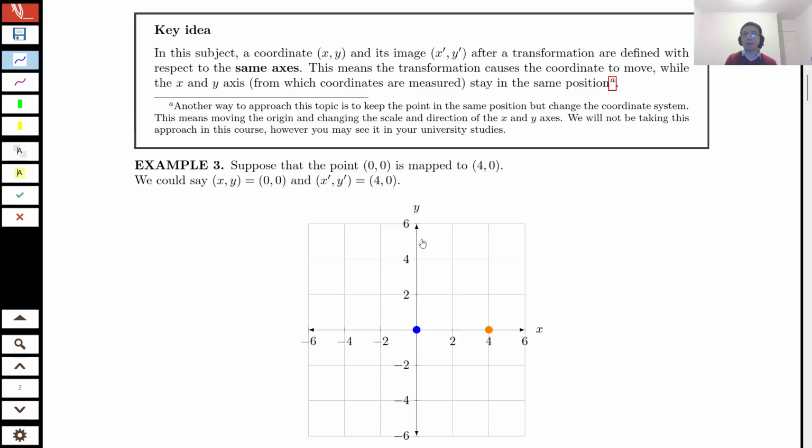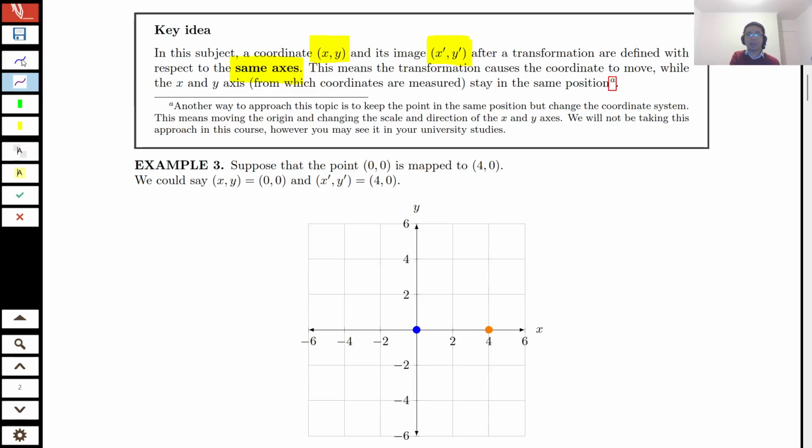You can read this, so I'm going to go through it relatively quickly. The main idea I want to get across to you is that when I have the two coordinates x, y, and x dash, y dash, they are actually measured along the same axes.